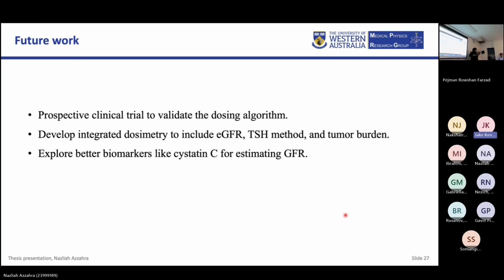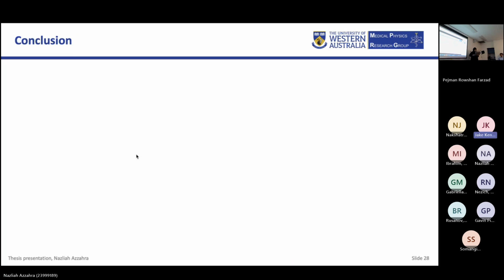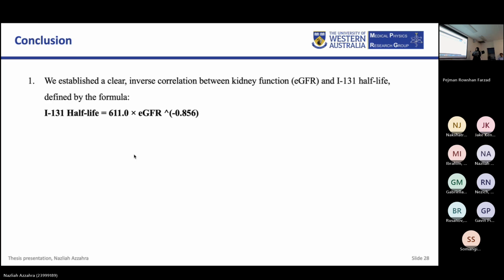The last one is to explore better biomarkers like cystatin C for estimating the eGFR rather than only creatinine. Conclusion: to conclude, we have established a clear inverse relationship between eGFR and the biological half-life, which we quantify using this relationship.